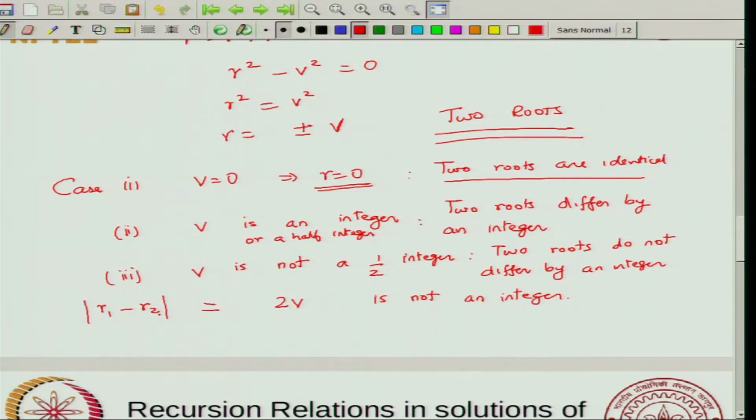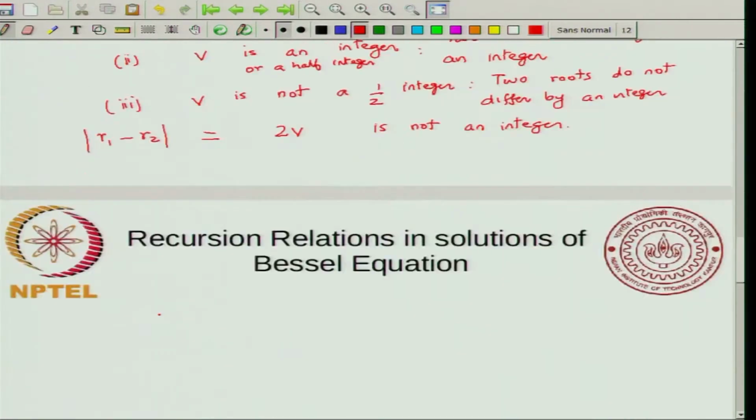So these are the three cases, and each of these leads to various kinds of solutions, and each of these cases has many physically relevant problems. Now one particular case, which leads to a very well known function, is the case of v equal to 0.